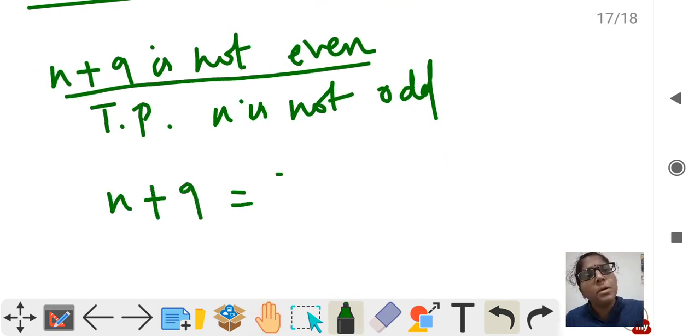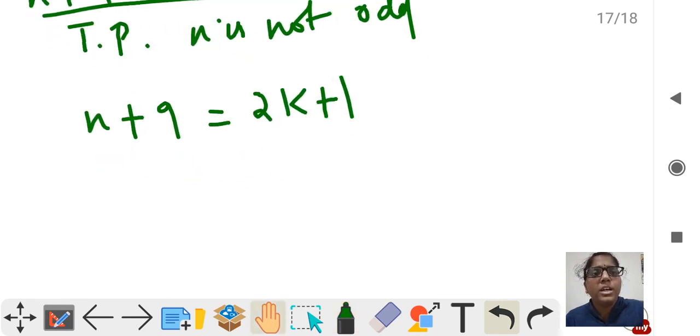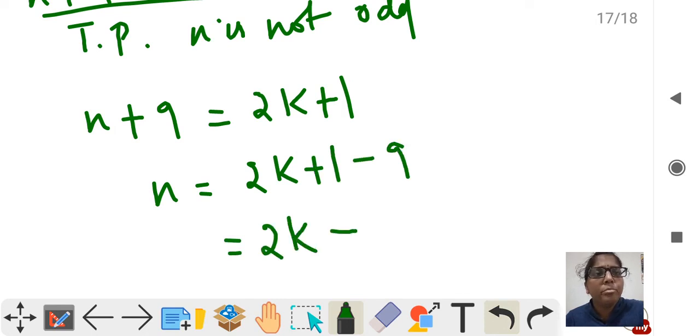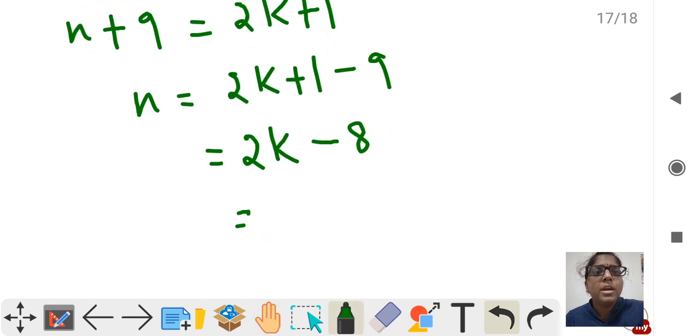So what is the form of an odd number? It is 2k plus 1, right? So n plus 9 is equal to 2k plus 1, which gives n equal to 2k plus 1 minus 9. So it is equal to 2k minus 8. If you take 2 common, it becomes 2 times of k minus 4.